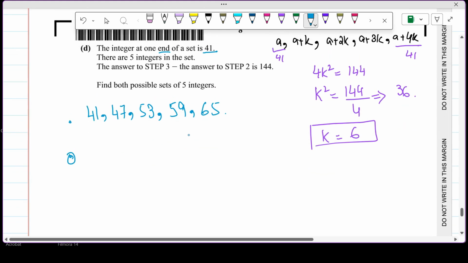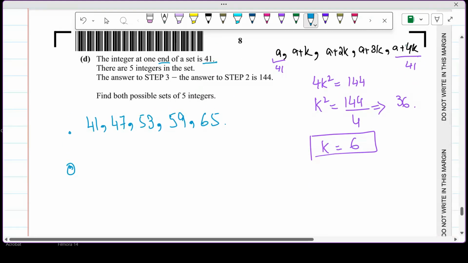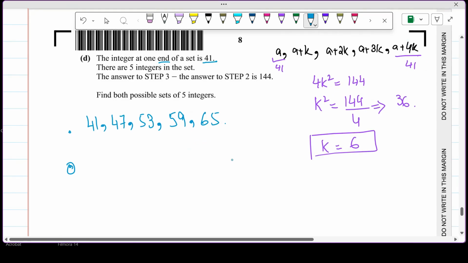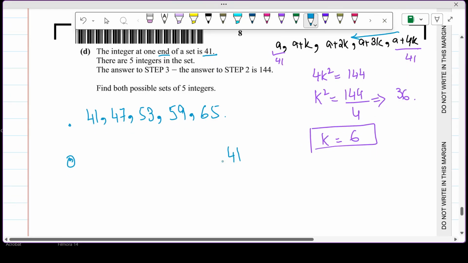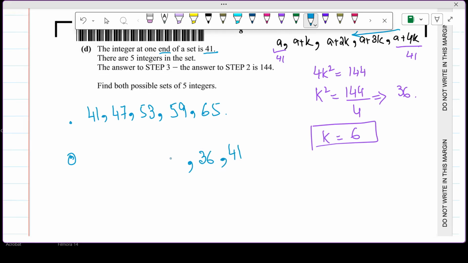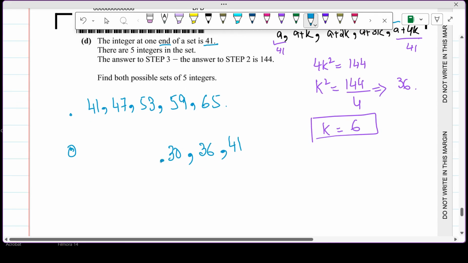Now, in the second set, we consider that 41 is the end integer in the set. So if we take this 41, in this case we will decrease by k to move towards the left side. When we decrease 41 by 6, it will be 36, and we decrease 36 by 6, so it will be 30. Then we decrease 30 by 6, so it will be 24.